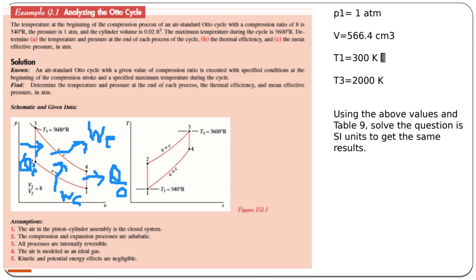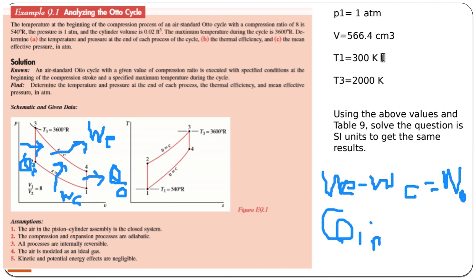Actually, the net work is equal to net of the works. So W expansion minus W compression, which is net work, is also equal to Q in minus Q out, because it's a cycle.